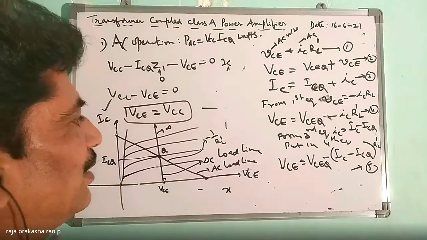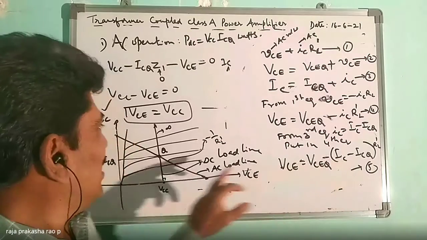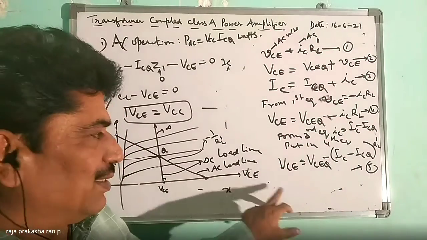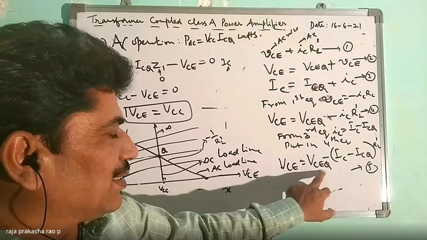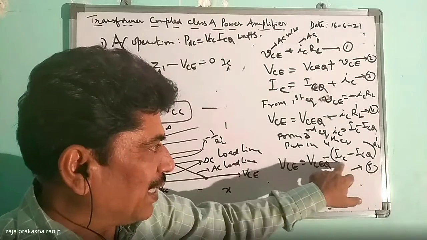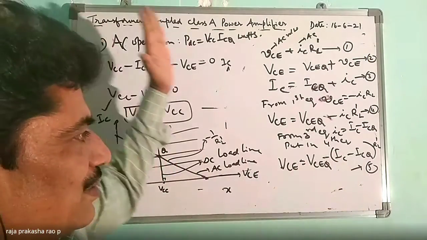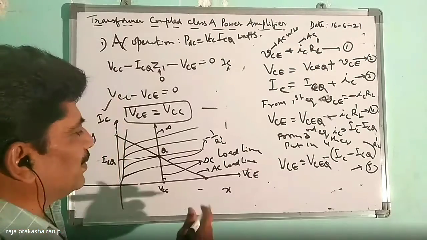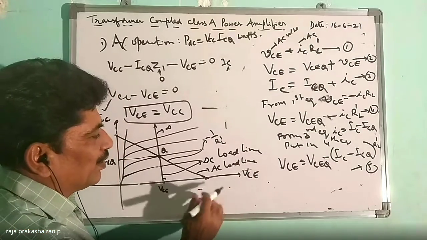In the AC load line, IC is there, ICQ is there. VCE is the x-axis, and this is the Q point. ICQ is one of the coordinates of the Q point. IC is the y-axis. So this is the equation of the AC load line. Can you tell me the cutoff point now? Anyone tell me the cutoff point?